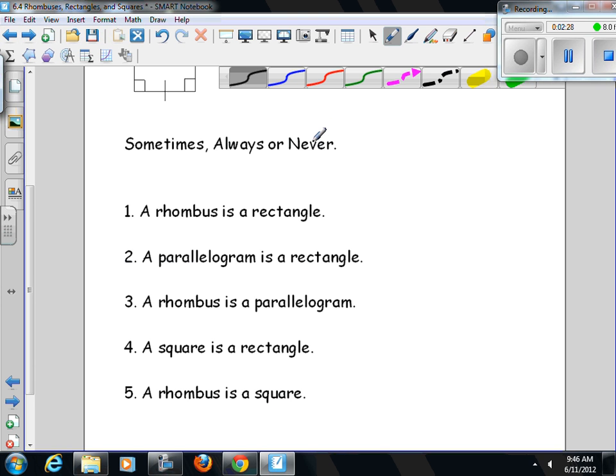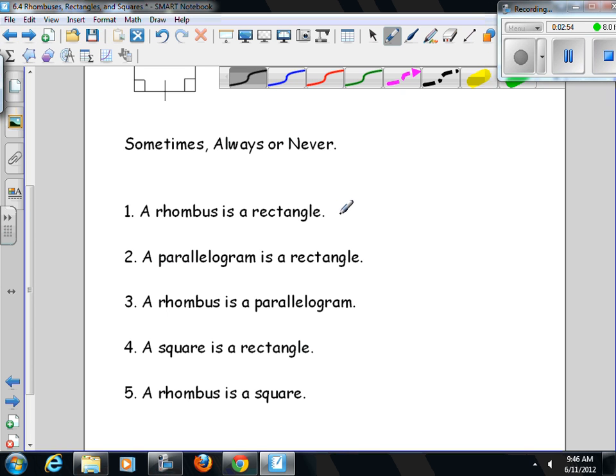Well, let's think about it. A rhombus is a parallelogram with four congruent sides. And let's think about what a rectangle is. A rectangle is a parallelogram with four right angles. So if it happens to work out that the rhombus has four right angles, then we can say that it would be a rectangle.